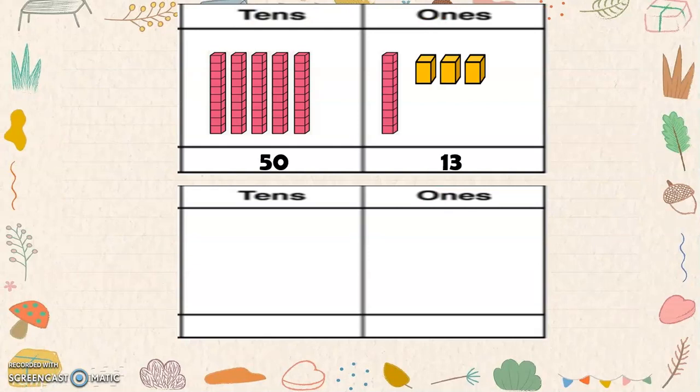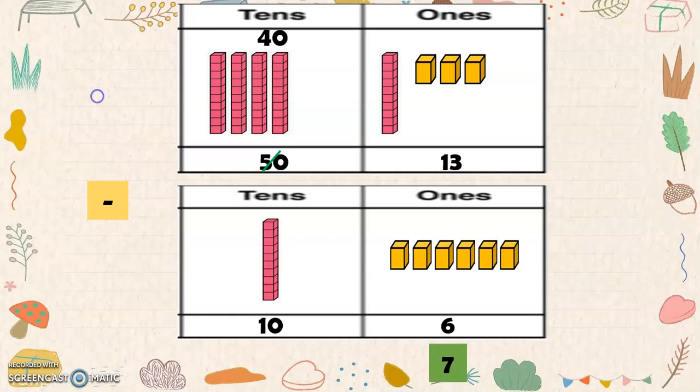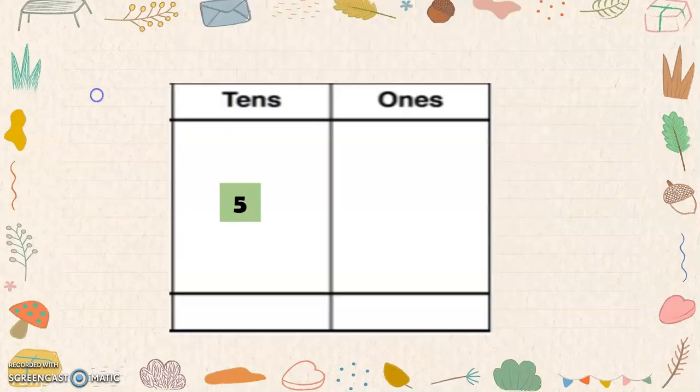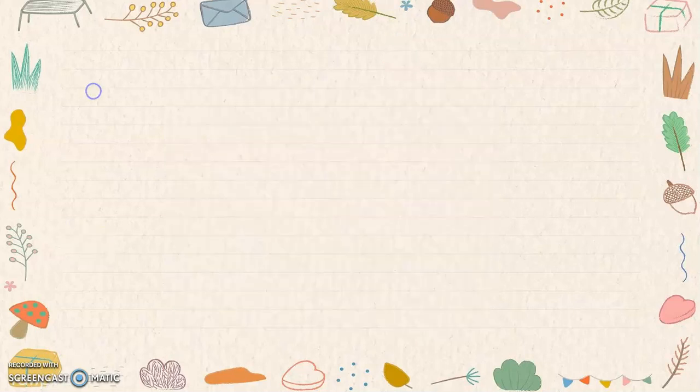So it will become 13. 50 will become 40 minus 16, and 13 minus 6 is 7. Now, we have here again 53 minus 16, and then of course, since we regroup from the tens place, we now have 13, and then 13 minus 6, we have 7. 5 now becomes just 4.